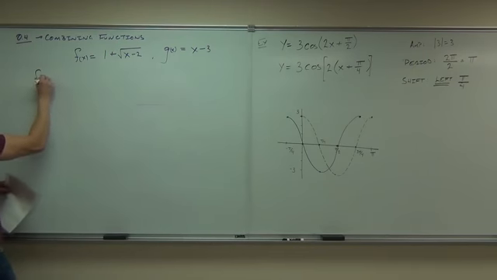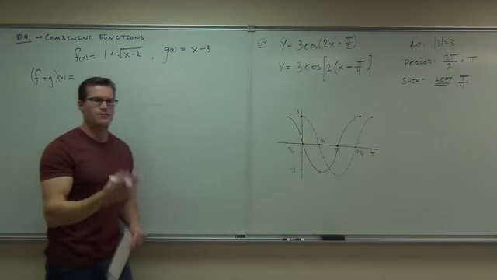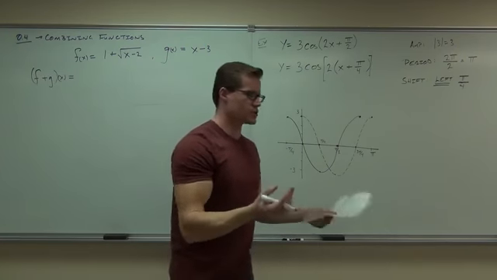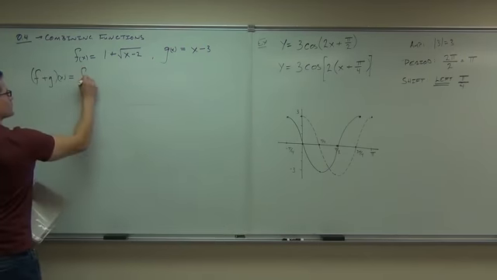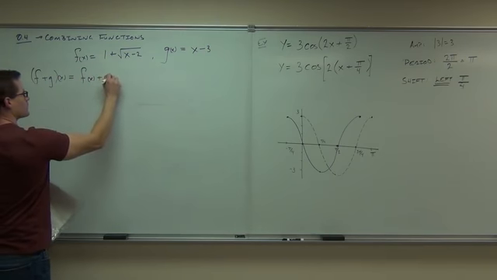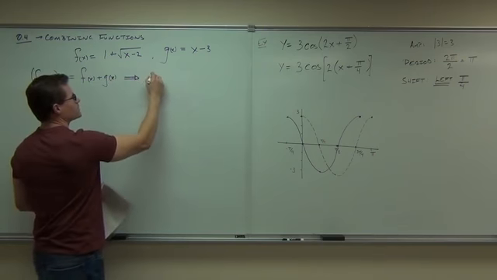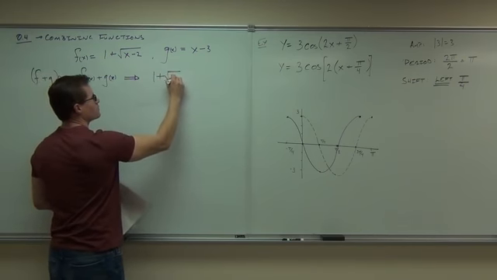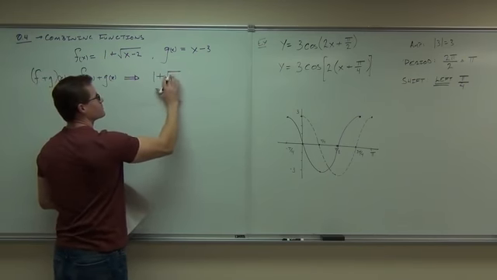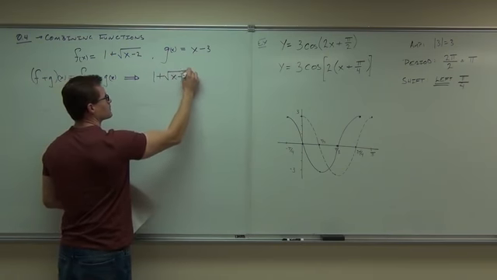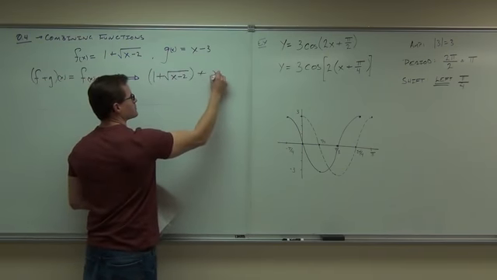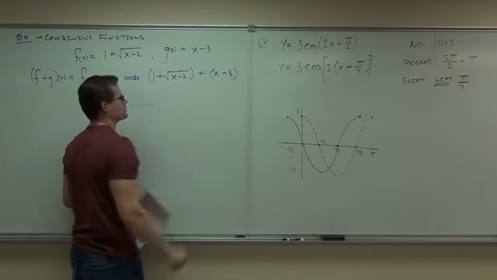If we want f plus g of x, what that means is we're just going to simply add the functions together, f of x plus g of x. In our case, that means we'd have 1 plus square root of x minus 2, plus x minus 3.